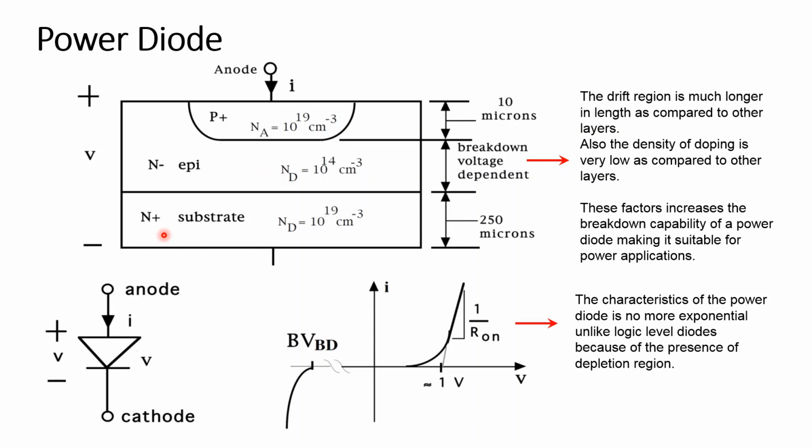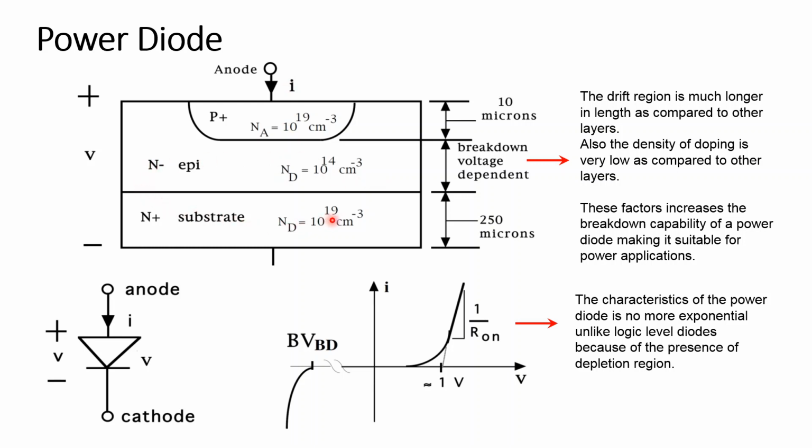And also the cross sectional area is very large in the power diode, because it has to be used in power applications. That means let us say 1000 volts and 1000 amperes. So it has to withstand high power. So high current should flow through this device. That means the cross sectional area should be large.